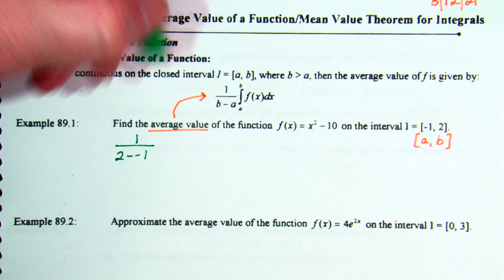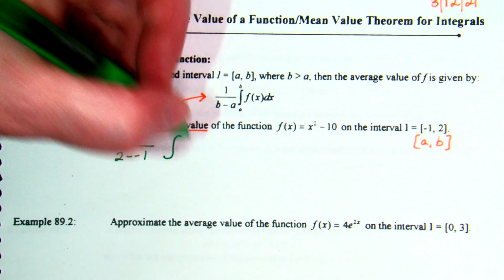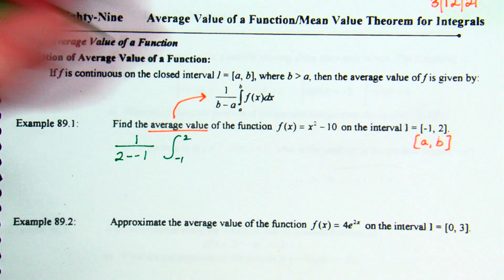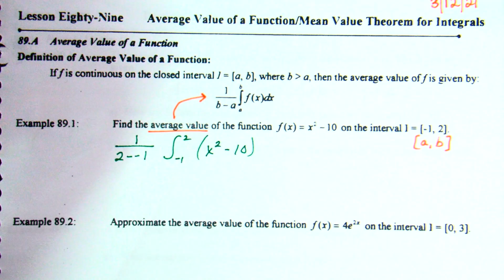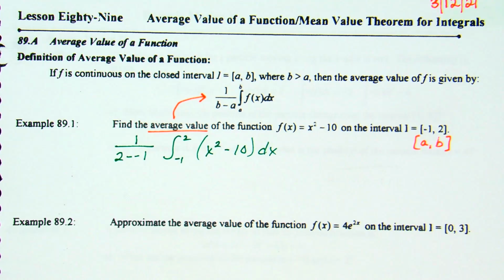So to find the average value, 1 over b minus a means I'm going to do 1 over 2 minus -1, times the integral from -1 to 2 of x squared minus 10 dx.